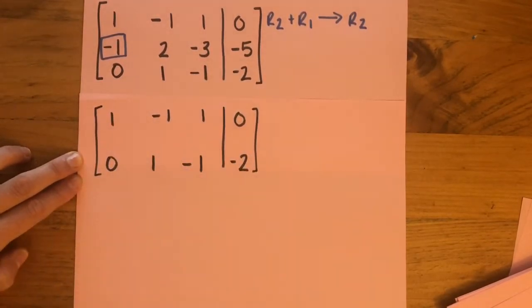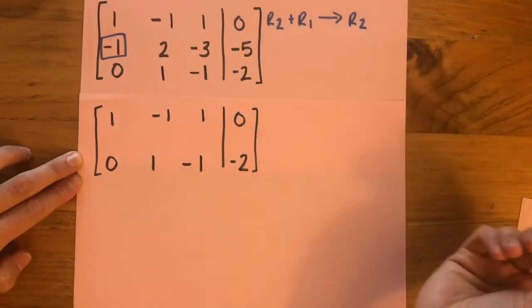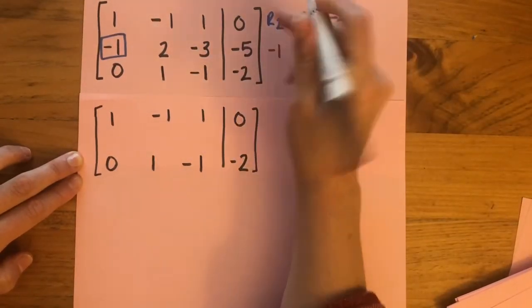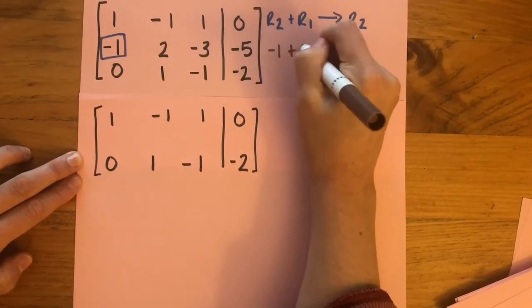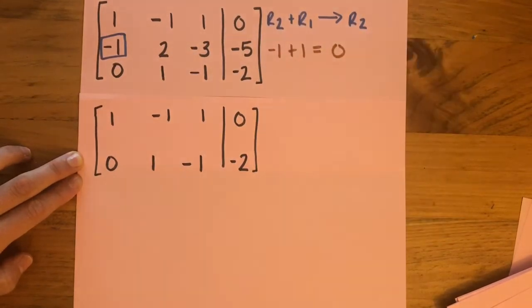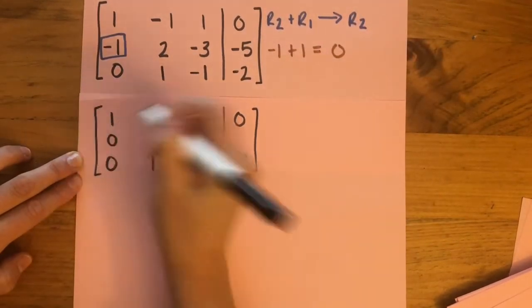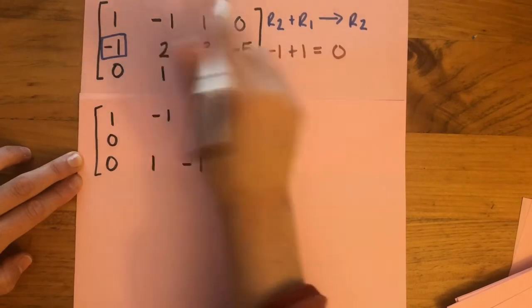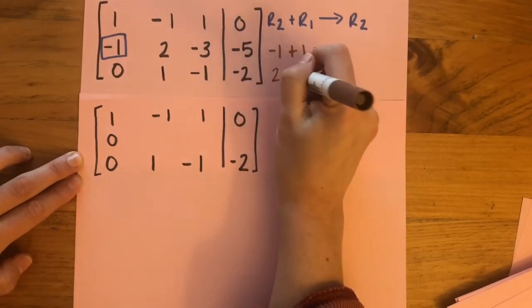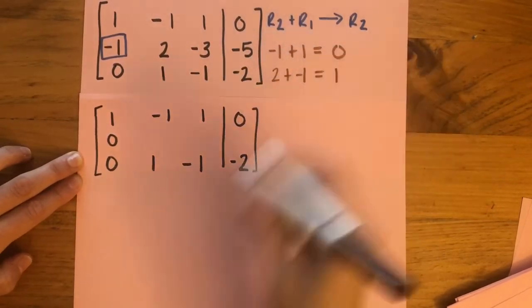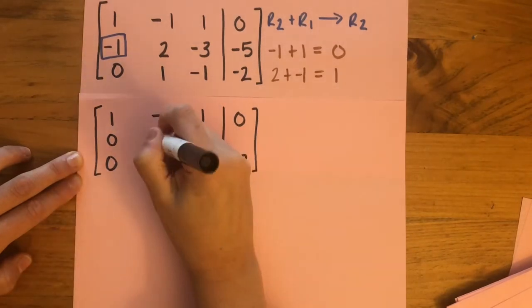And now we're going to do our math, and we're going to just do row 2 plus row 1. So negative 1 plus 1 equals 0. That 0 goes right here. 2 plus negative 1 equals 1. That 1 goes right here.